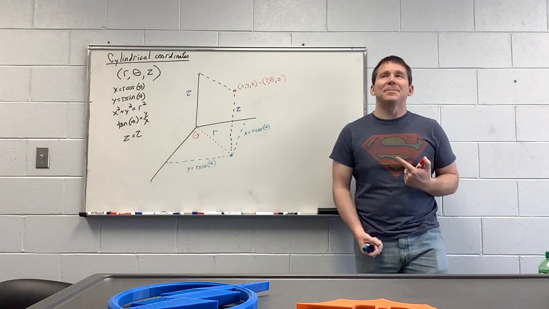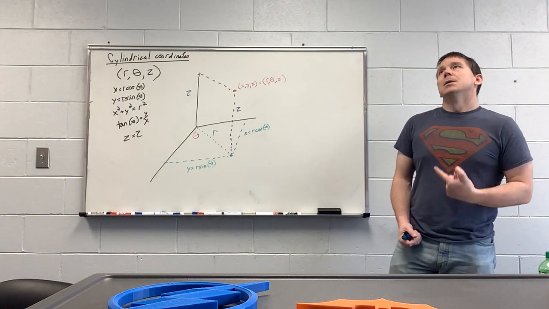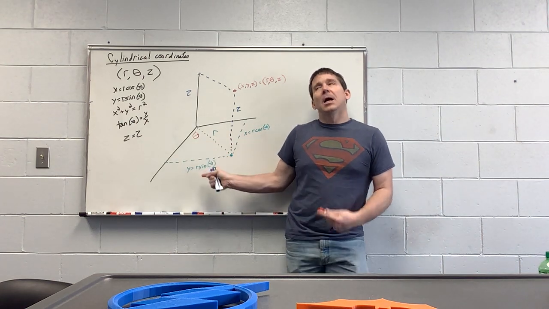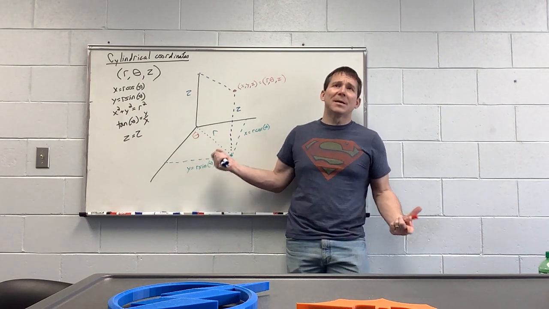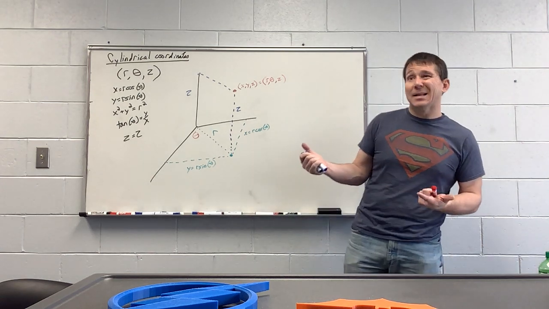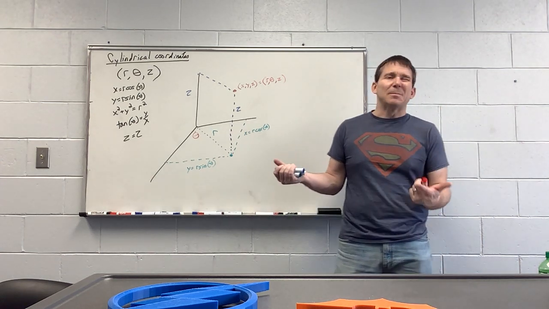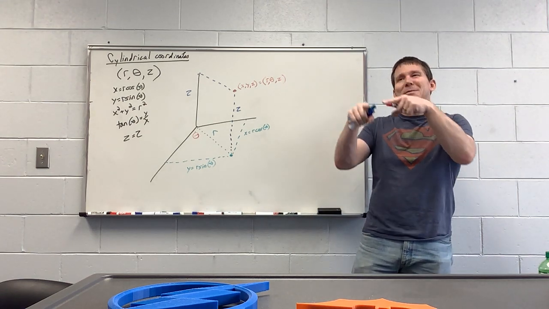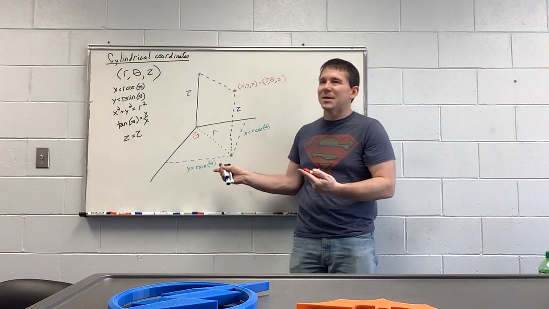The natural follow-up to this is, well, when I do these in the plane, I had to come up with some type of rectangle. As it turned out, my rectangle kind of ended up looking like a sector of a circle. We called it a polar rectangle. It's a regular rectangle that was curvy because of the nature of the coordinates.